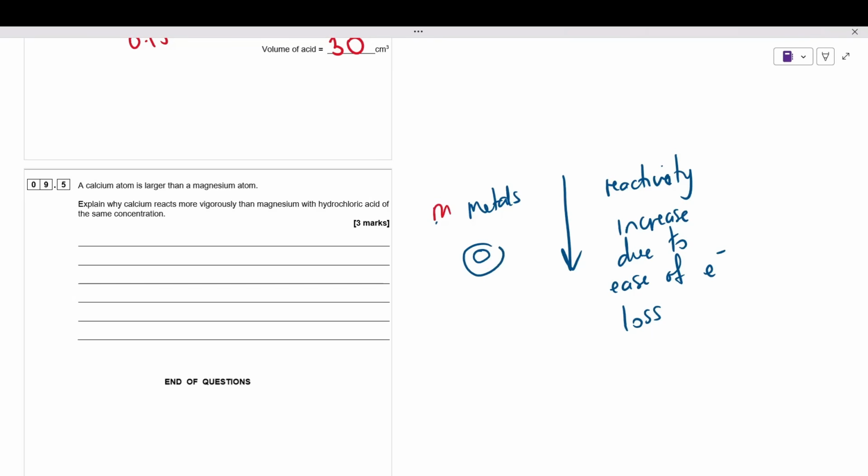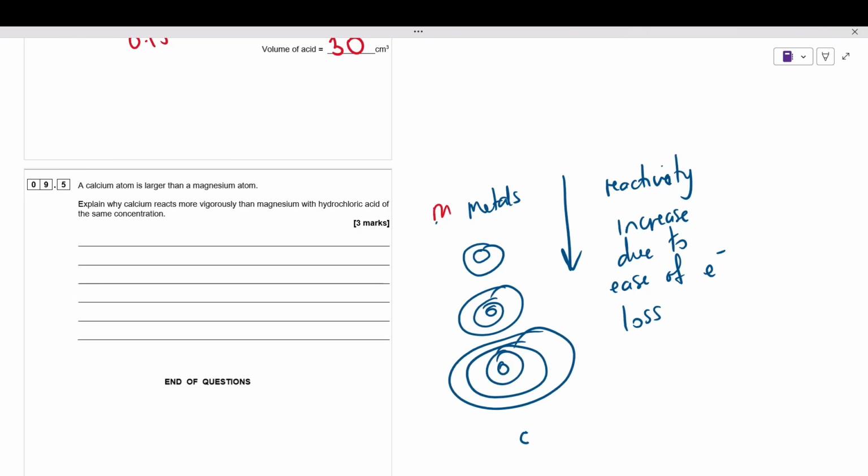So period 2, period 3 have 3 shells, period 4 have 4 shells, period 5 have 5 shells, and so forth. So it means that a metal that has this small a radius from the nucleus is not going to lose electrons quite easily, especially if you compare it to something that has this many shells.